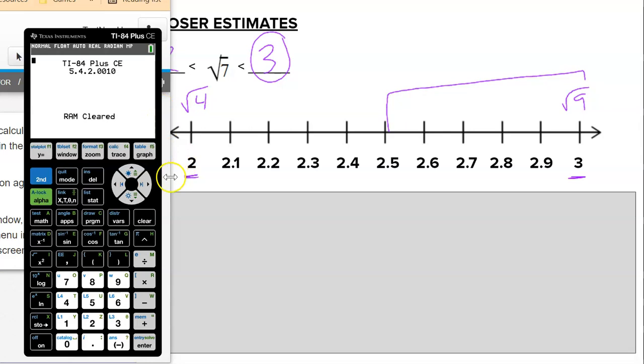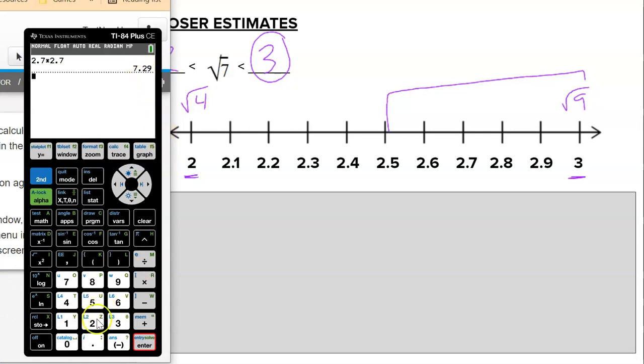So this is where our calculator is going to be helpful. We're going to pick a number to start with. I'm going to start with 2.7. So we're going to do 2.7 times 2.7. And we get 7.29. We want it to be really close to 7 because we're looking at the square root of 7. So it's a little high.